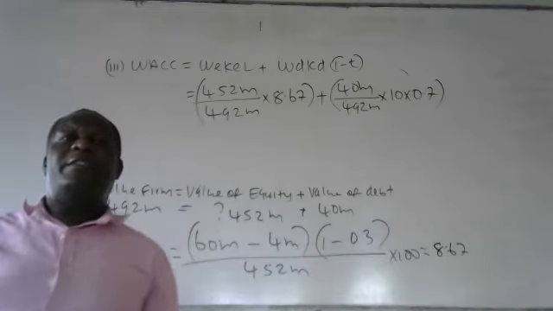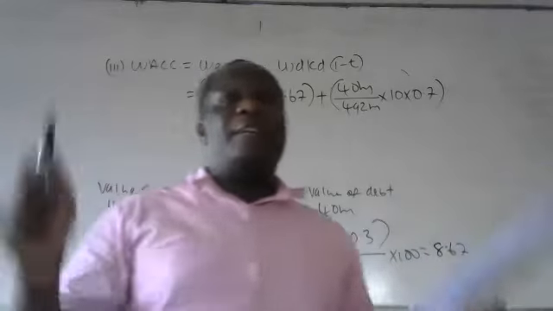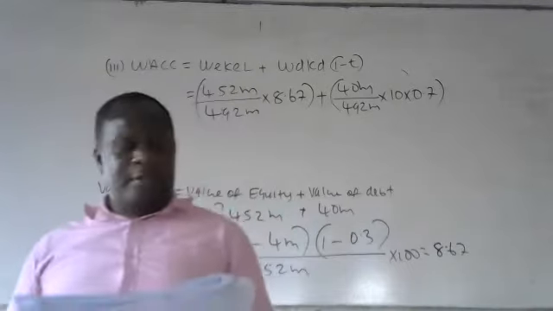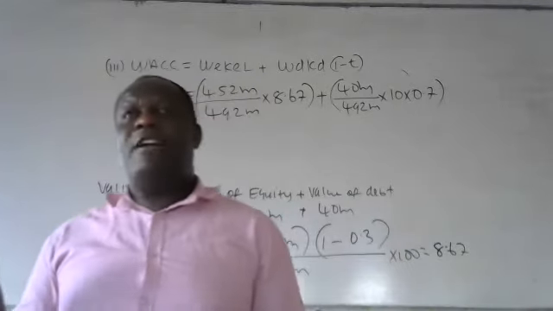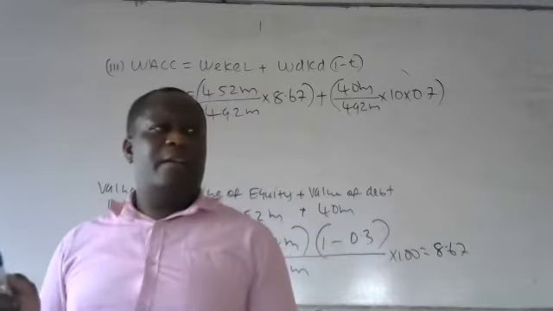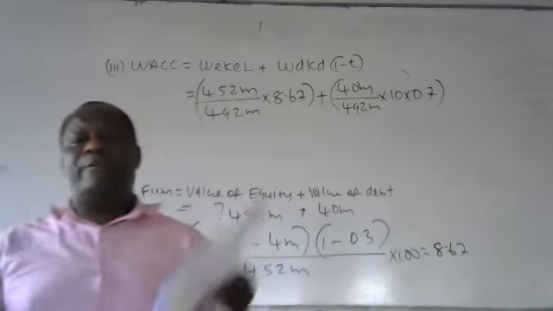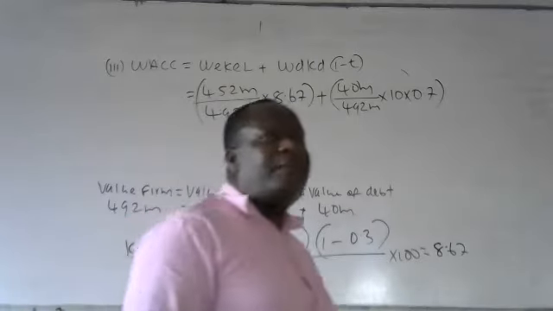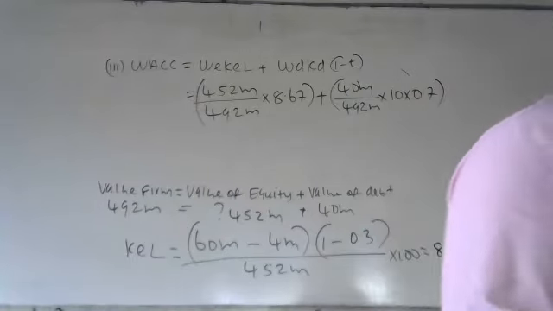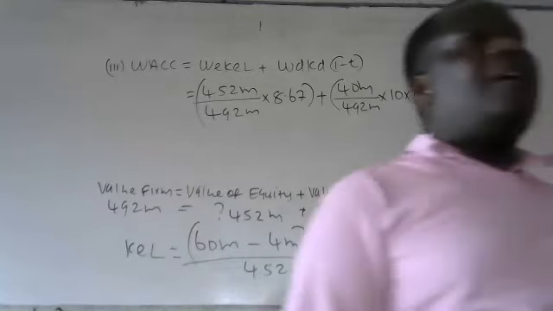So before it is KEU, because it is unlevered. After it is KEL, because it is levered. So in that Roman letter 1, they want you to compute KEU and also KEL. Roman letter 2, the weighted average cost of capital before and also after.